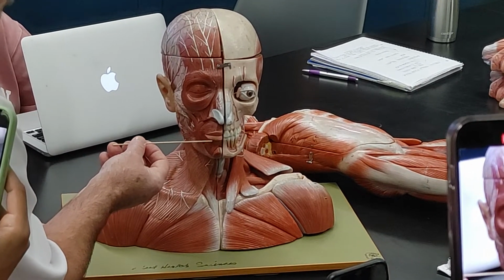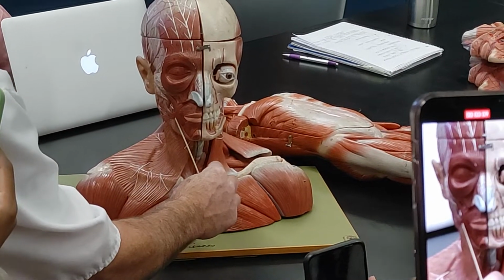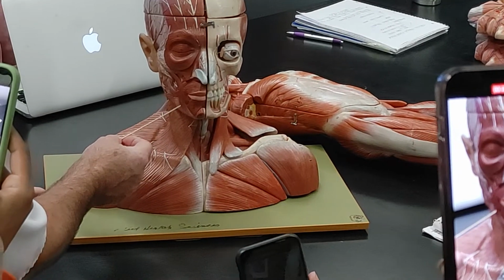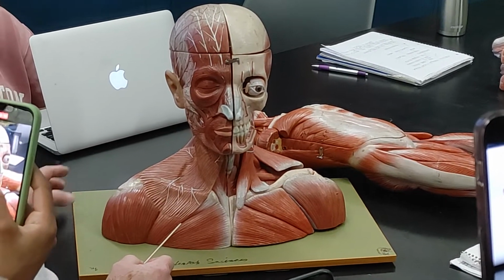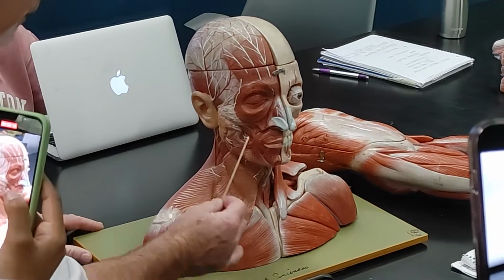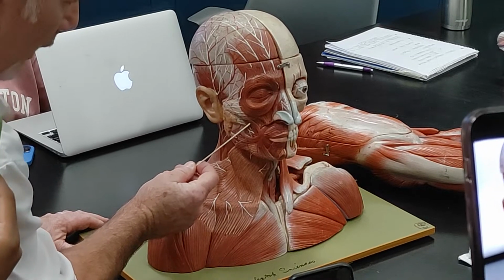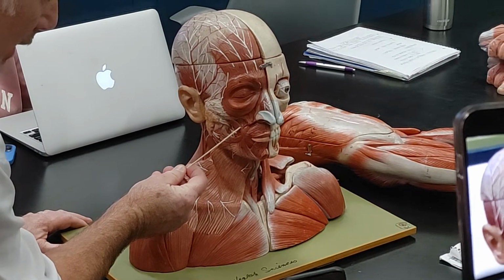Okay. We go out to the corner of the lip, guys. You'll see another one here. Its muscle fibers are on a slant. So this is the depressor anguli oris. Okay. Now, come up over here. Right here, guys, coming off the zygomatic bone, we have the zygomaticus major, okay, right here.